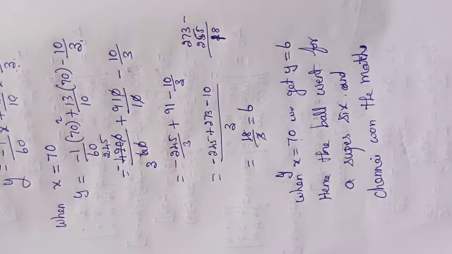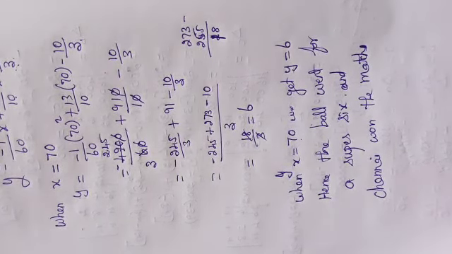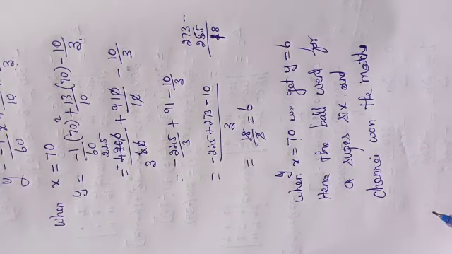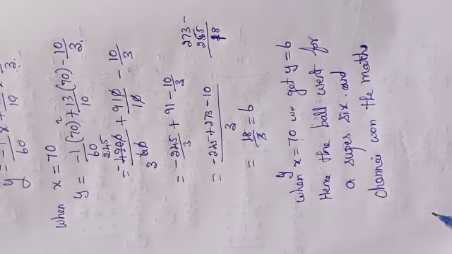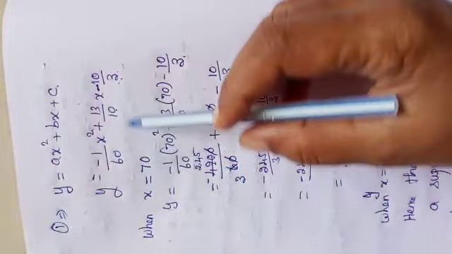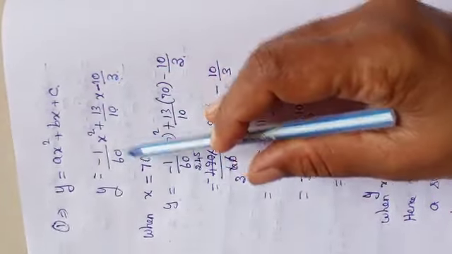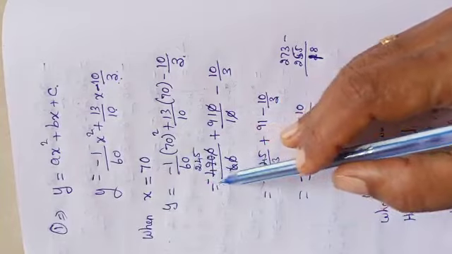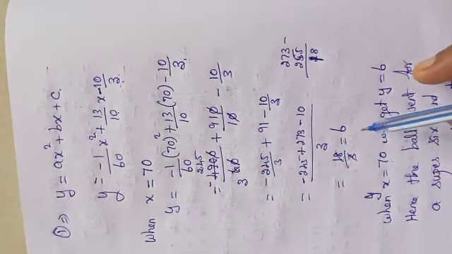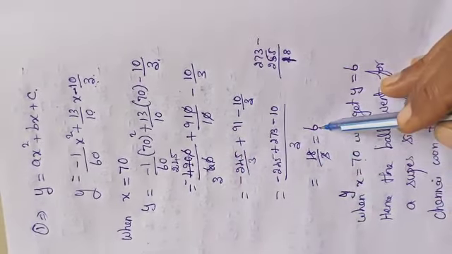So first we have to substitute the x comma y values, form the three equations in A, B, C, then solve the equations, find out A, B, C, substitute in the given equation. This is the given path, isn't it? And just put 70 and check it. When we put 70, y value is 6.